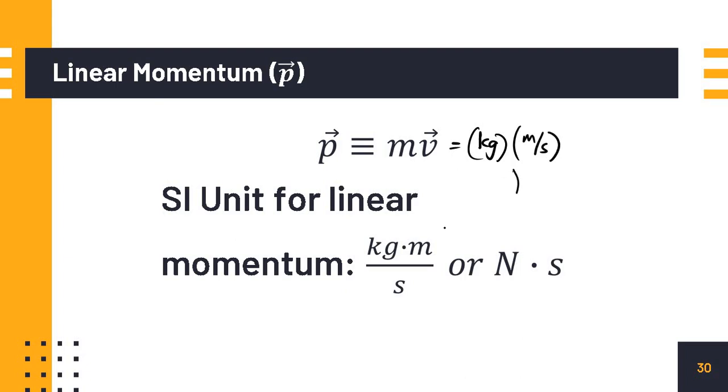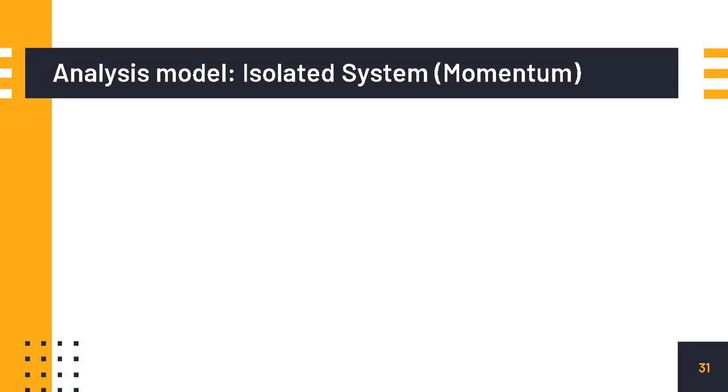That is why we arrived at this unit. You can also use newton second as a unit for linear momentum. We can also use that derivation to analyze isolated systems and what happens to the momentum of the particles present in an isolated system.